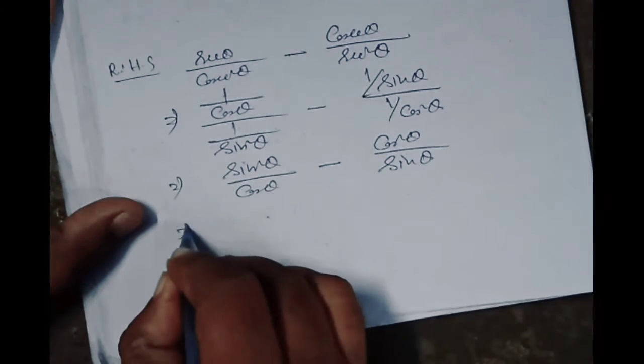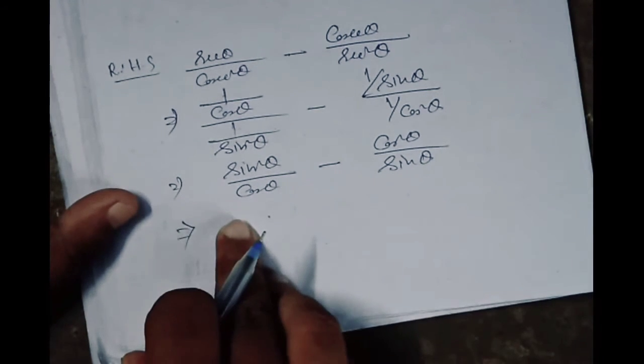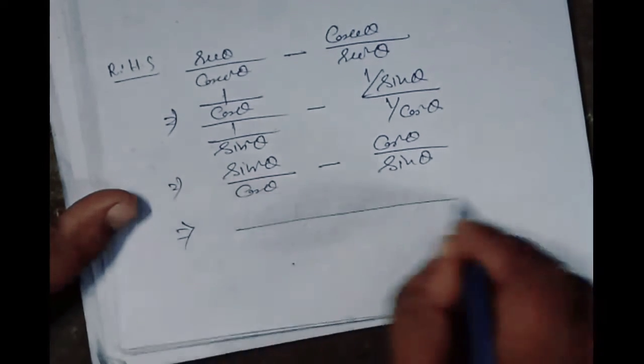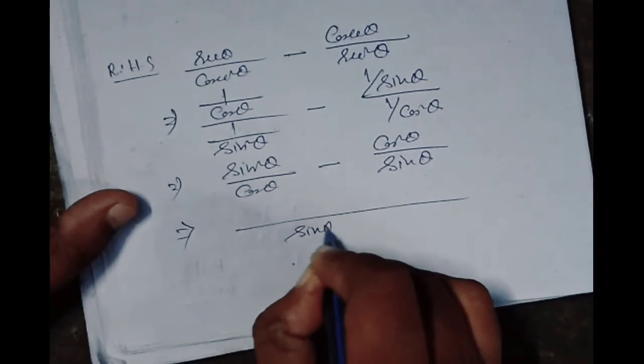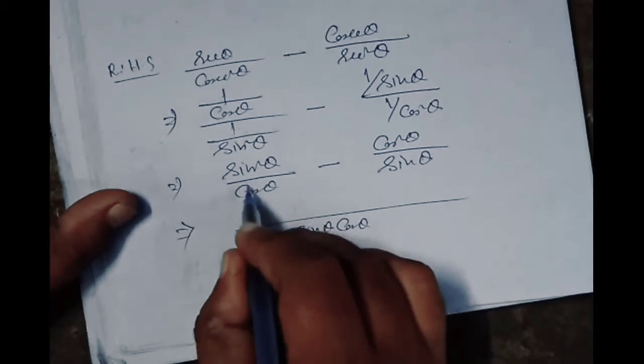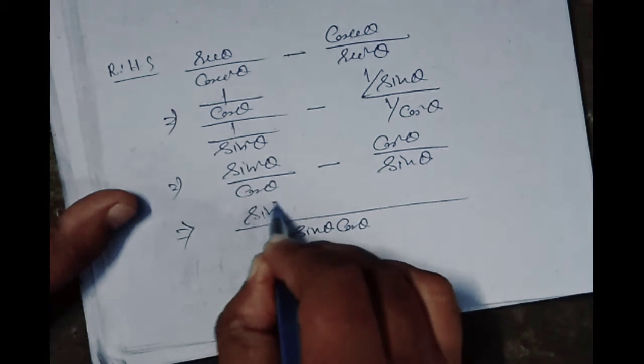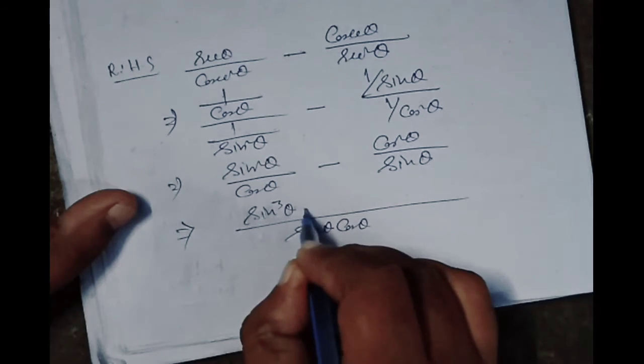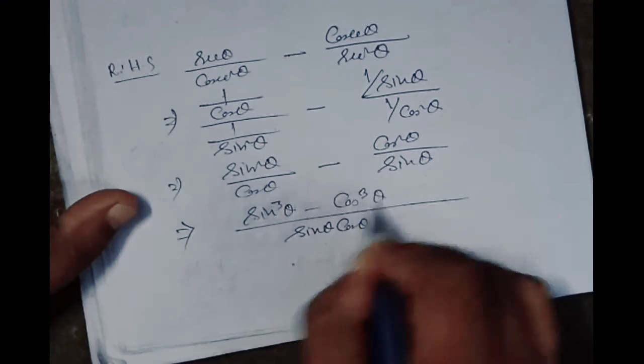Now again, if we take sin theta cos theta as LCM, then this can be written as sin cube theta minus cos cube theta.